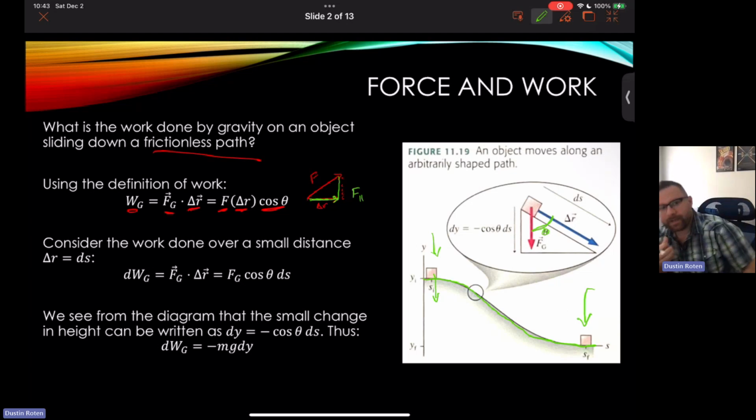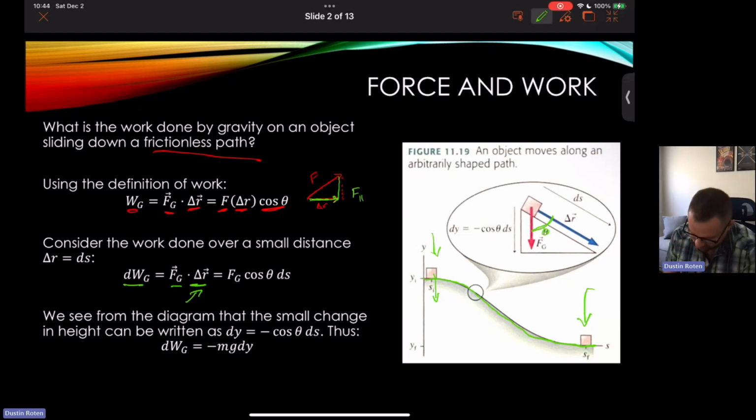To do that, let's just think about the work done over a really small distance. We're going to call it this little infinitesimal dW, for the work done by gravity over a little piece. So we want a really tiny displacement, just a very tiny piece.